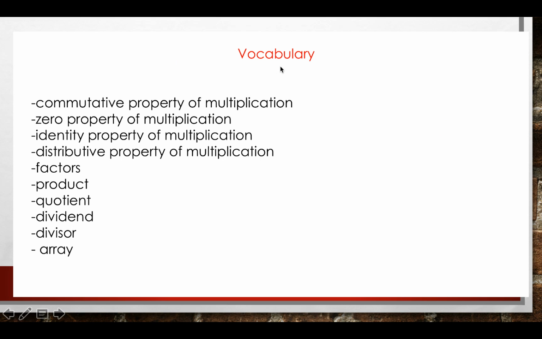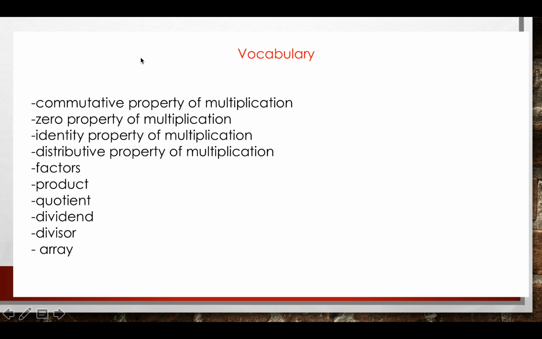All right, our vocabulary words. Commutative property of multiplication. What is the commutative property? The commutative property is when we're rearranging the order of the factors in which we're multiplying. So we're just switching them around so they won't be in the same order.